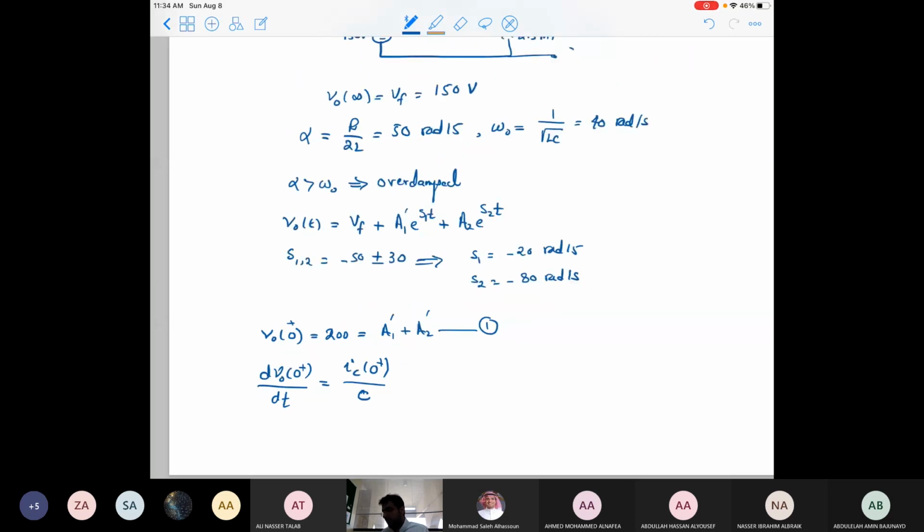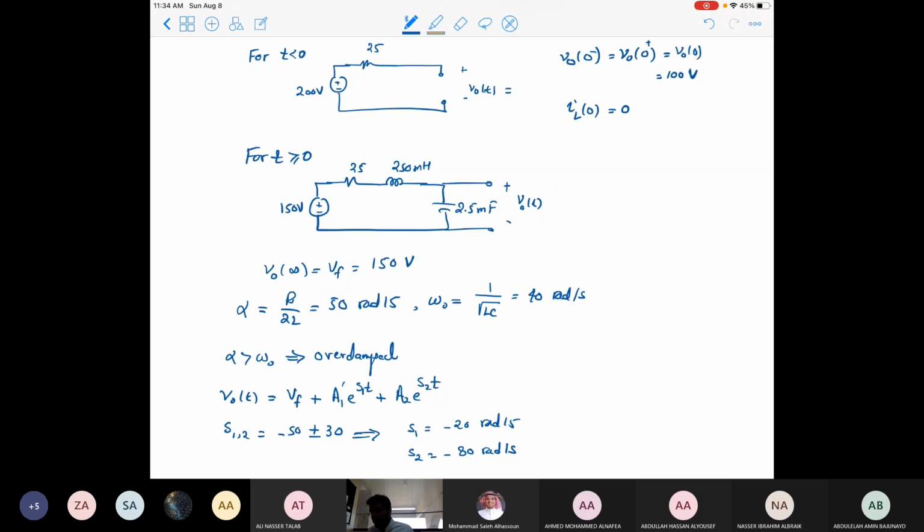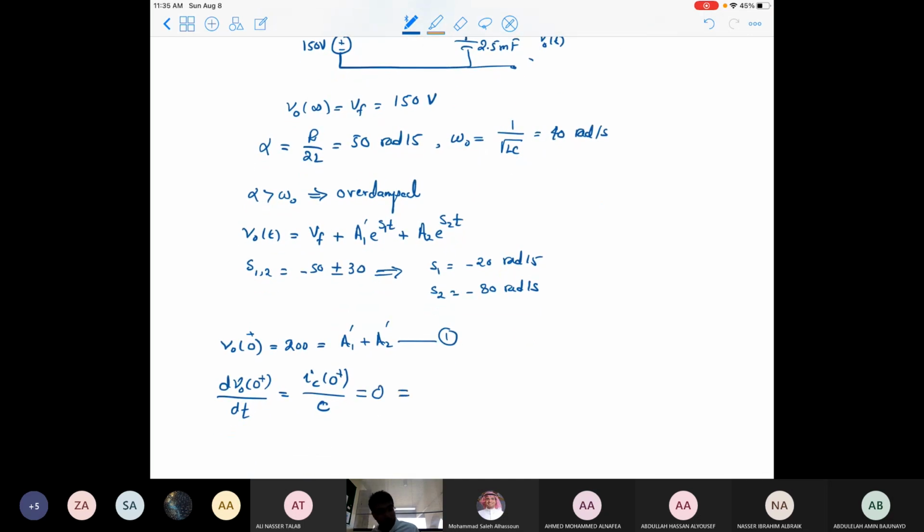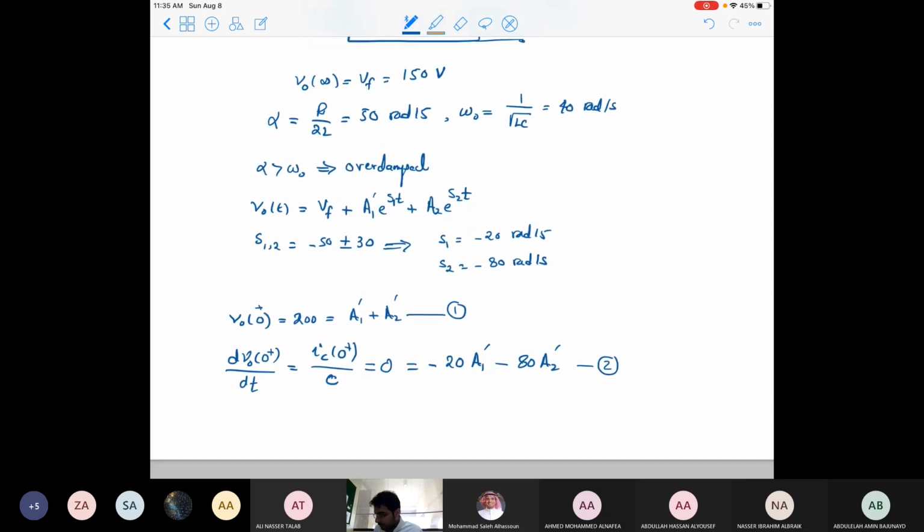Okay, so now what is the initial value of the current through the capacitor? Since the capacitor and inductor are in series, they must have the same current. And since the current passing through the inductor cannot change instantaneously, this implies that the initial value of the current passing through the capacitor is also 0. Two equations, two unknowns, so I can easily solve.